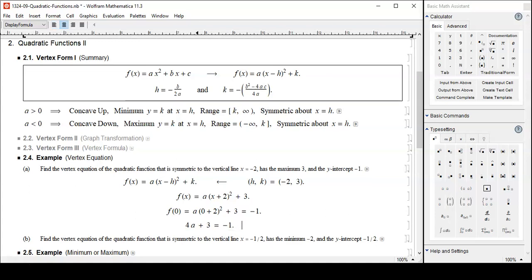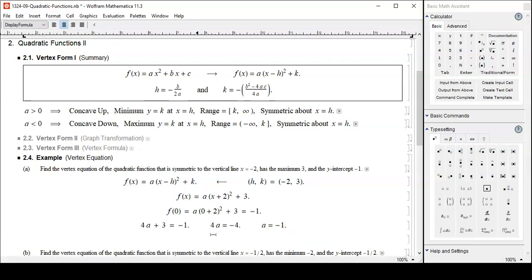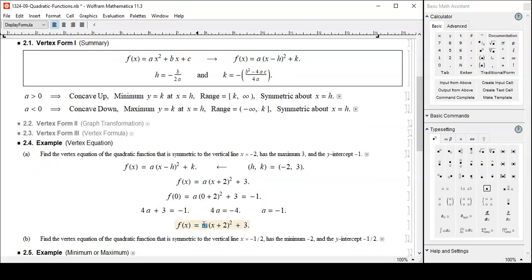That's not too bad. 4a equals negative 4, right? You're getting a equals negative 1. And a is negative, so we have to have a maximum. Yeah, it makes sense. So the a value is negative 1.